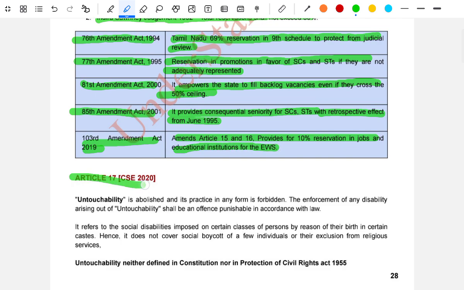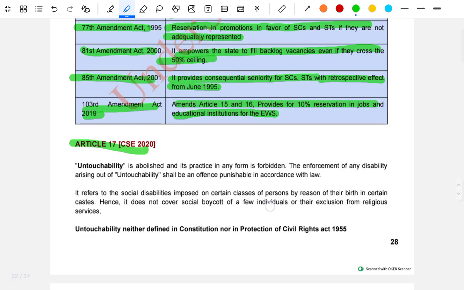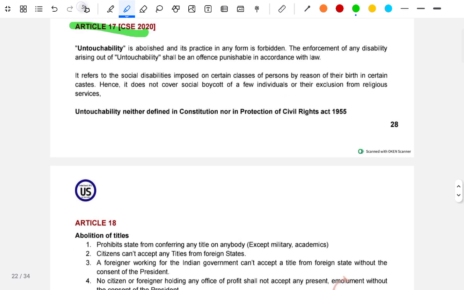Article 17: untouchability is abolished and its practice in any form is forbidden. The enforcement of any disability arising out of untouchability shall be an offence punishable in accordance with the law.